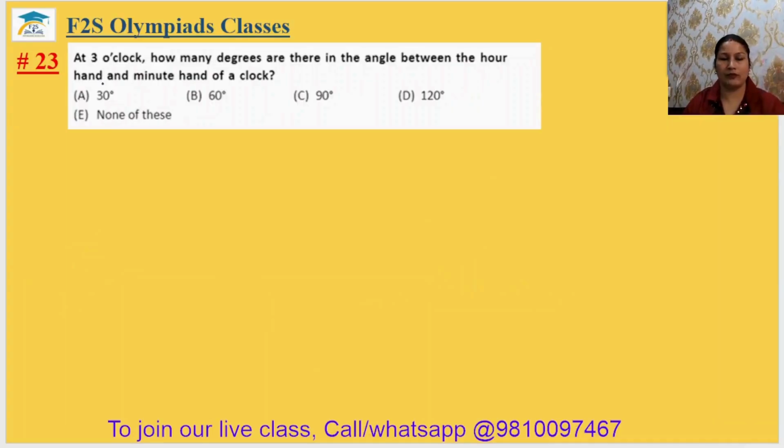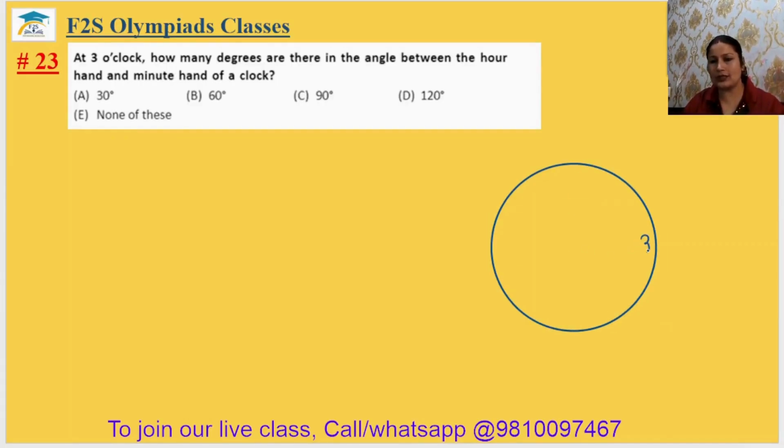Question number 23. At 3 o'clock, how many degrees are there in the angle between the hour hand and the minute hand of a clock? You can see there is a clock. 3 is at this point, 12 is at this point. The minute hand will be on 12 and the hour hand will be at 3. So it is making a 90 degree angle.